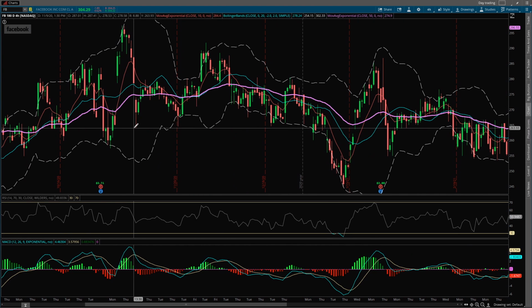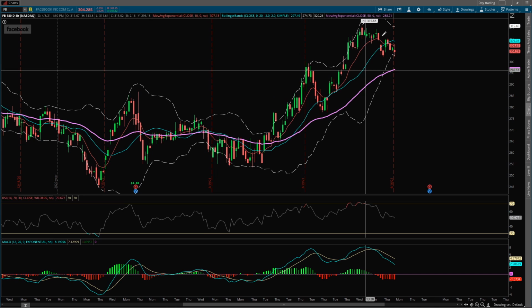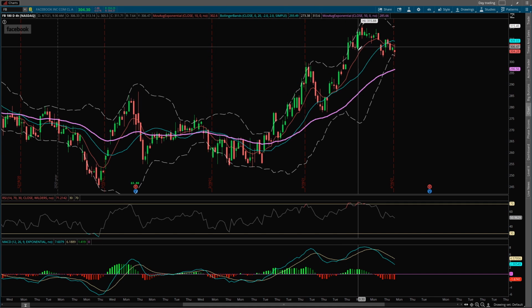Now, if you are in a long position and you were looking to get out, for example here, this is the current chart of Facebook as it is now, the most recent one.